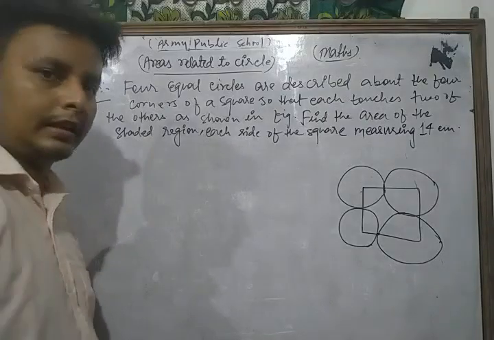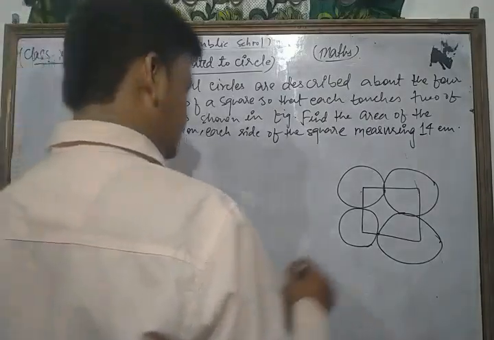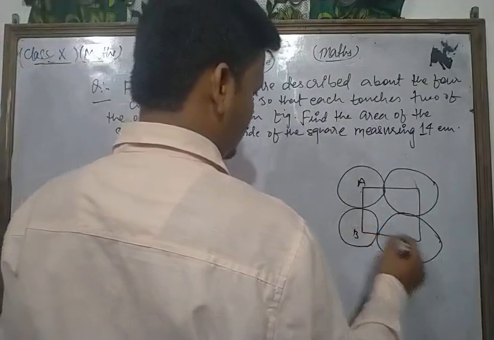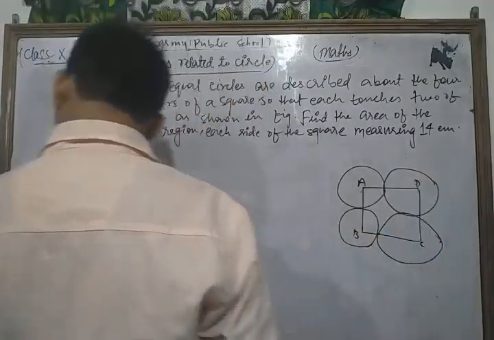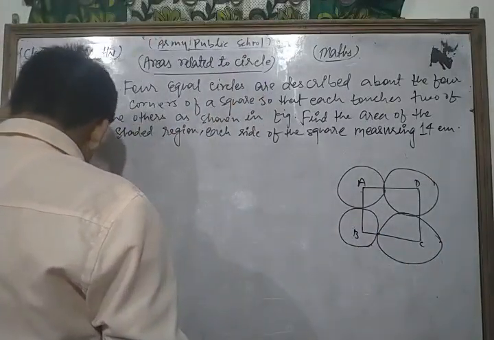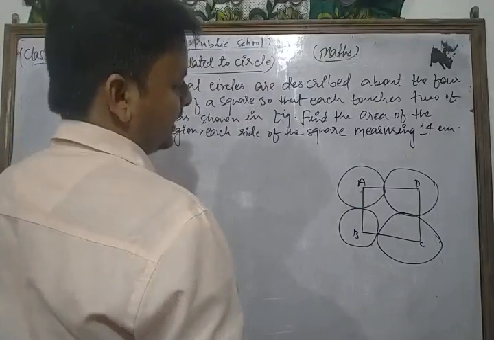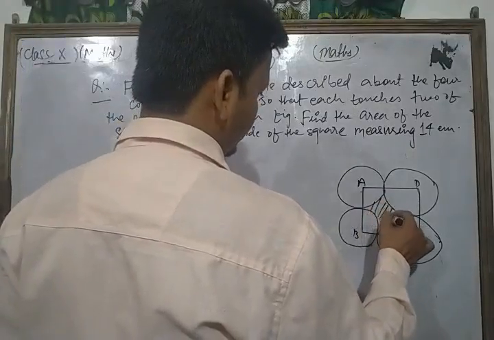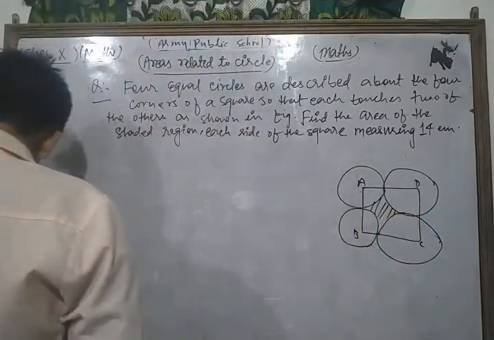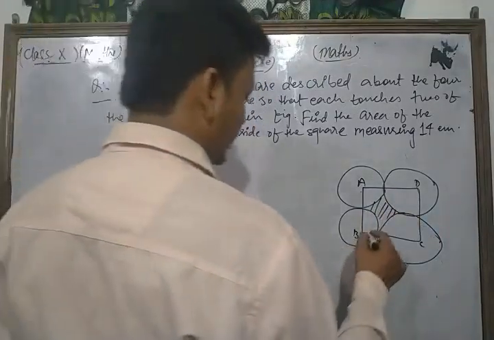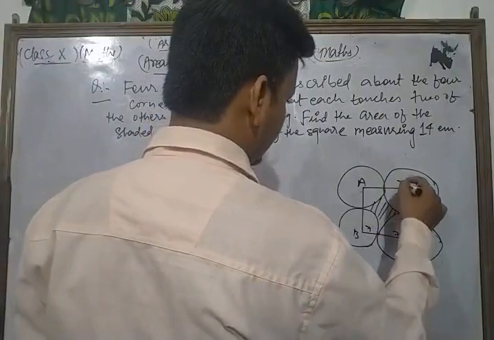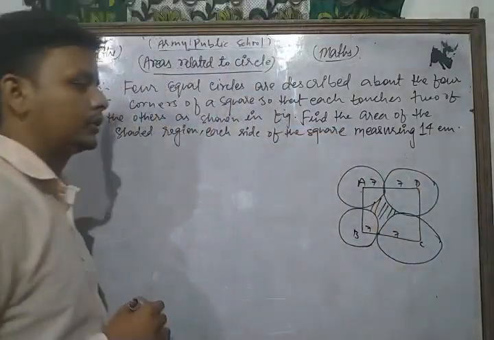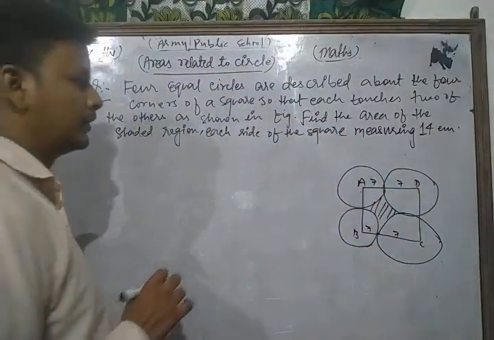Here this is A, B, C, D. Points A, B, C and D are the centers of each circle, and this is the shaded region, we find the area of that region. Now this is 7, this is 7, this is 7 and this is 7. This is a very important 7 centimeter radius of each circle.